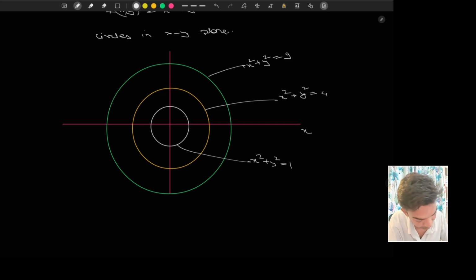This is the x-axis, this is the y-axis, right?